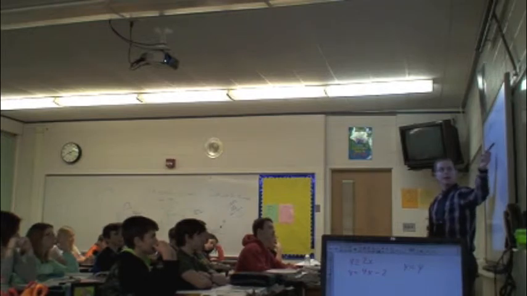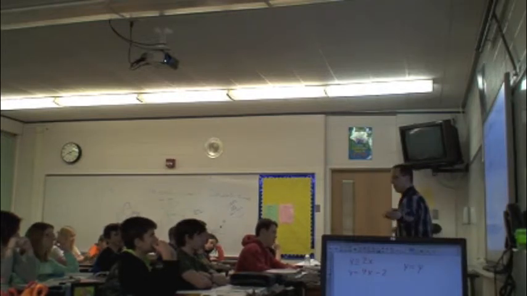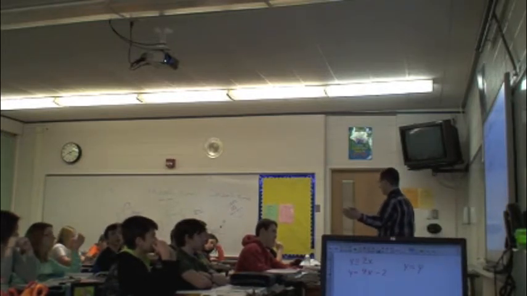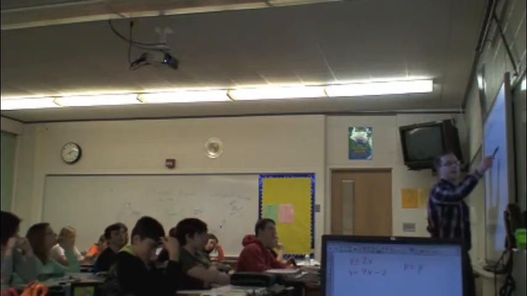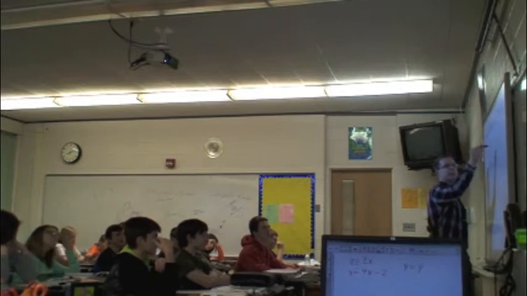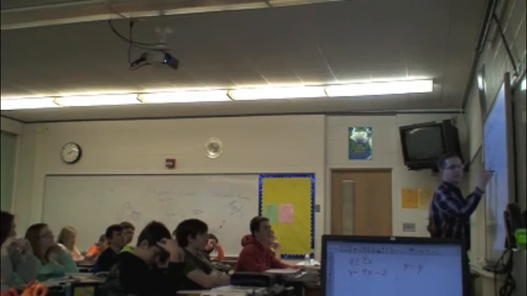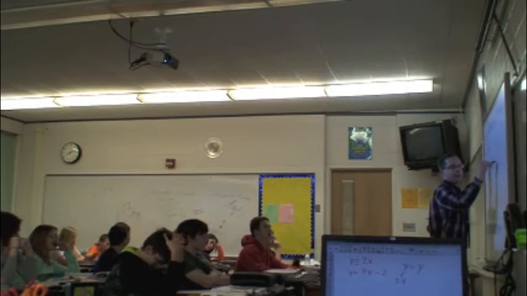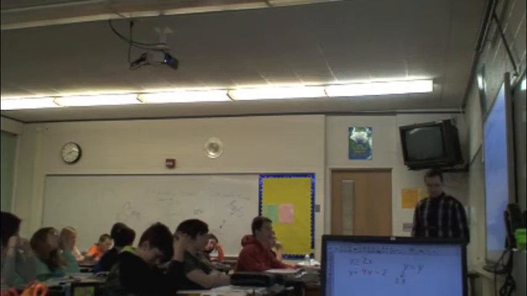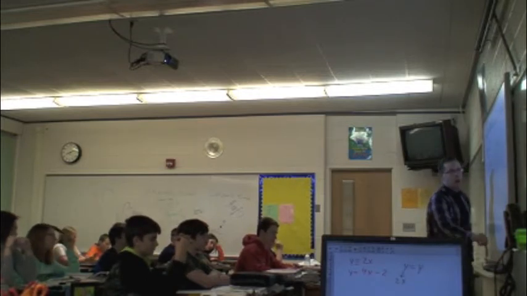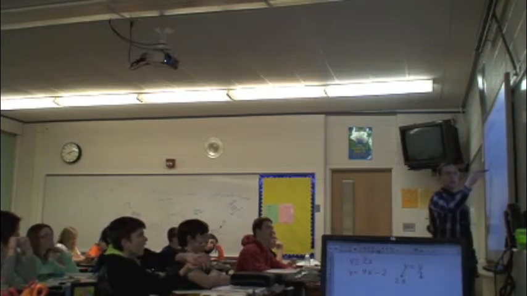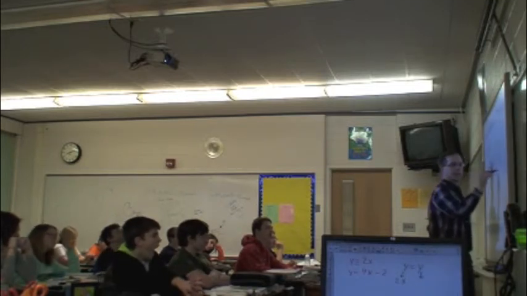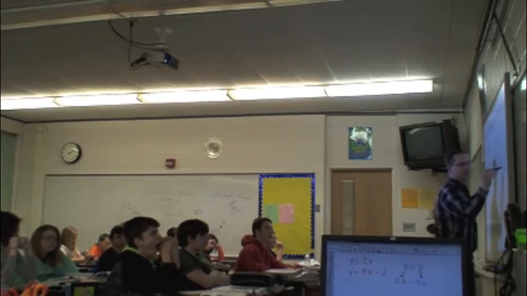You guys agree that y equals y? Does 4 equal 4? Yes. Does 2 equal 2? Yes. So on and so forth, right? So if y equals y, and we know that this first y equals 2x, we know that the second y equals 4x minus 2.